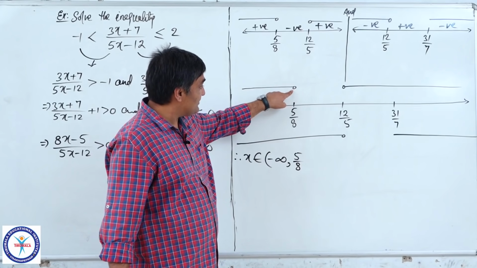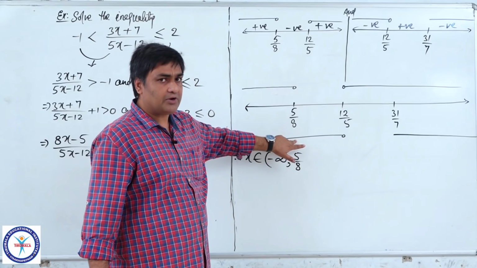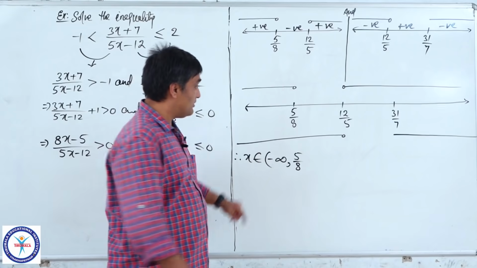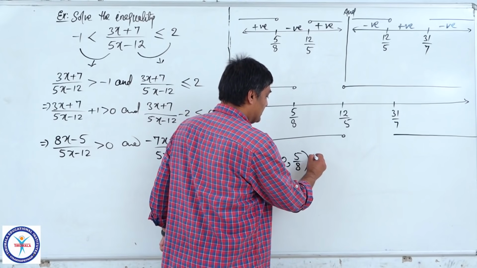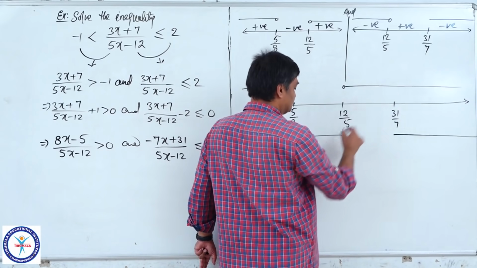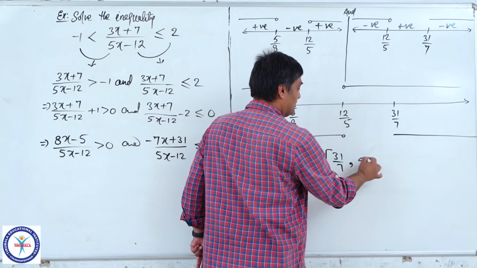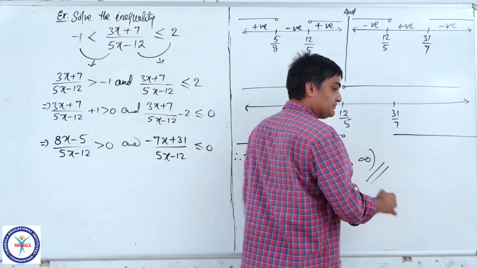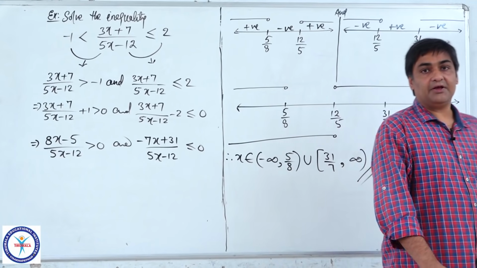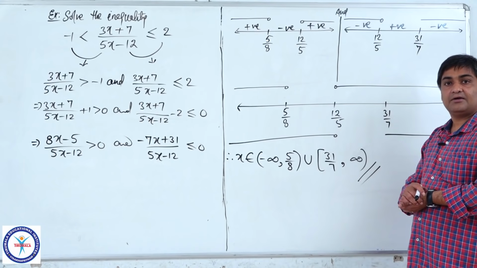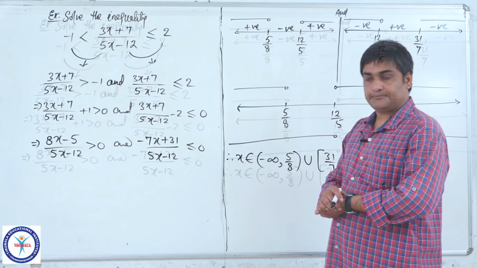Open, because here it is not included, in this it is included, but we are writing common solution. So, open, union, 31 by 7 close, comma, infinity. So, this way we can solve two-sided inequalities. Okay.